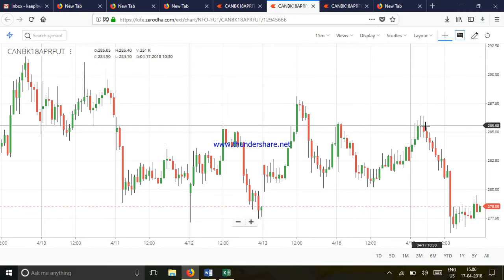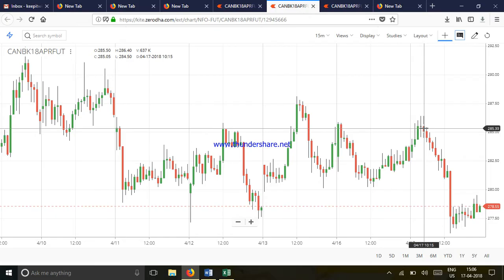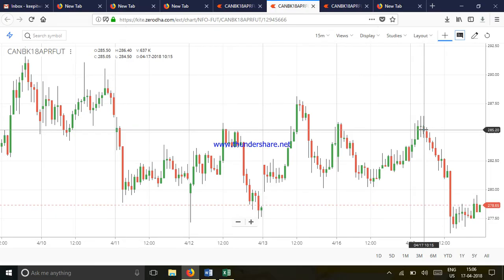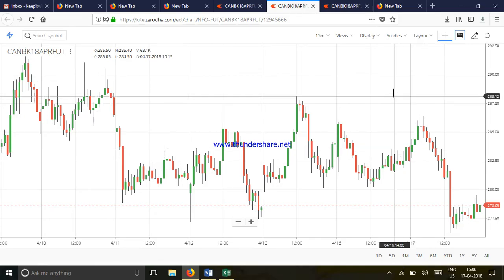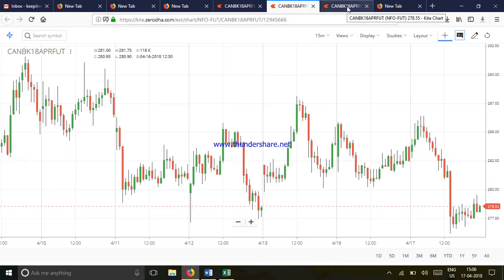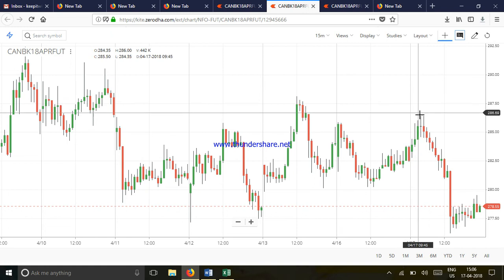First, we will take an example. Between 10:15 and 10:30, the highest here is a high fractal, 286.40. We'll take this example, 10:15 to 10:30, 286.40. Is there a pattern here?